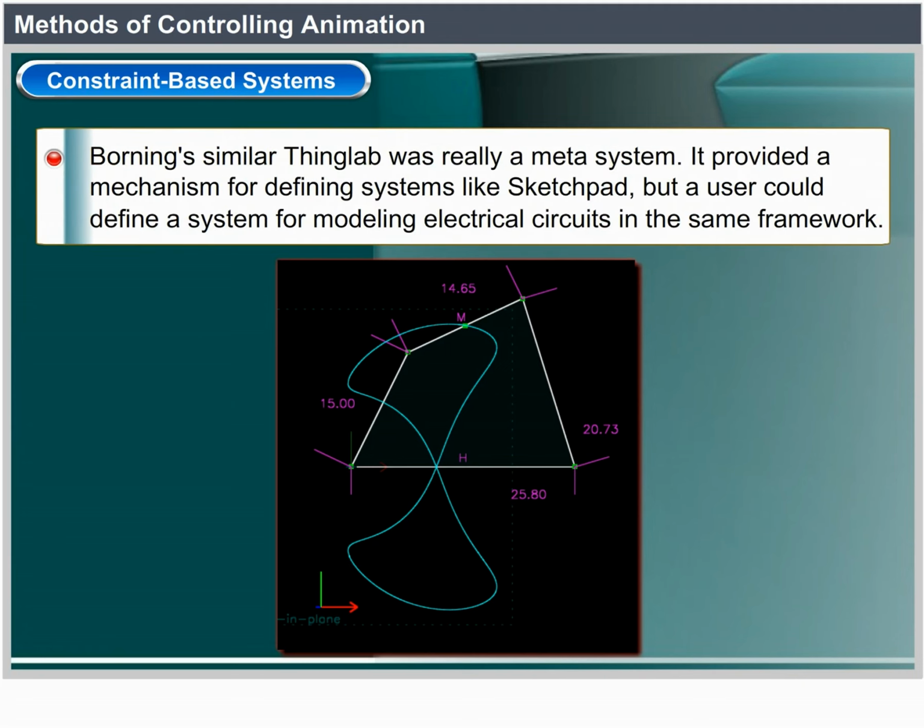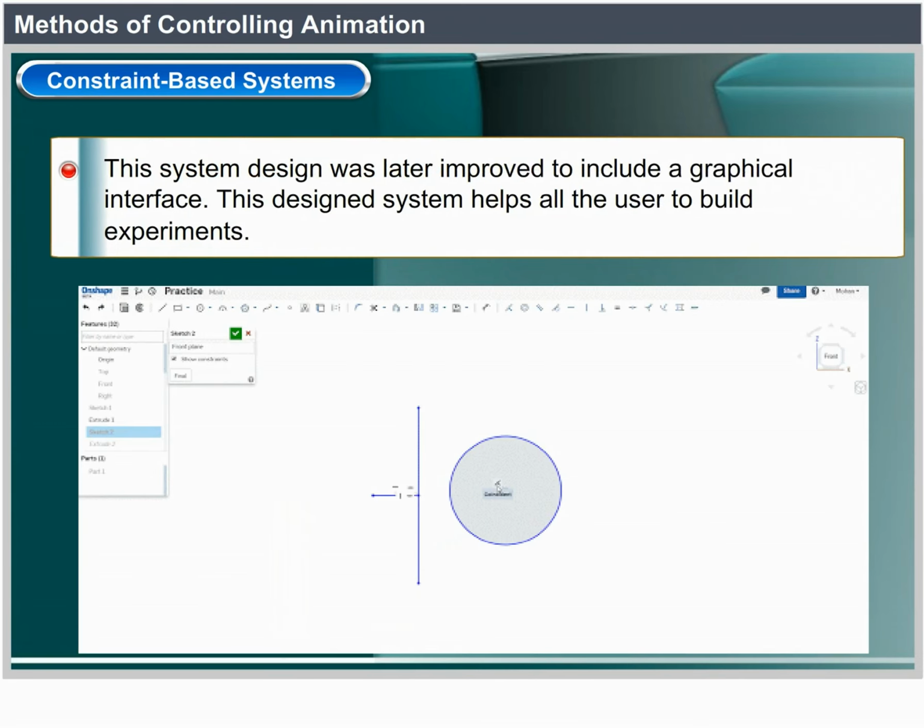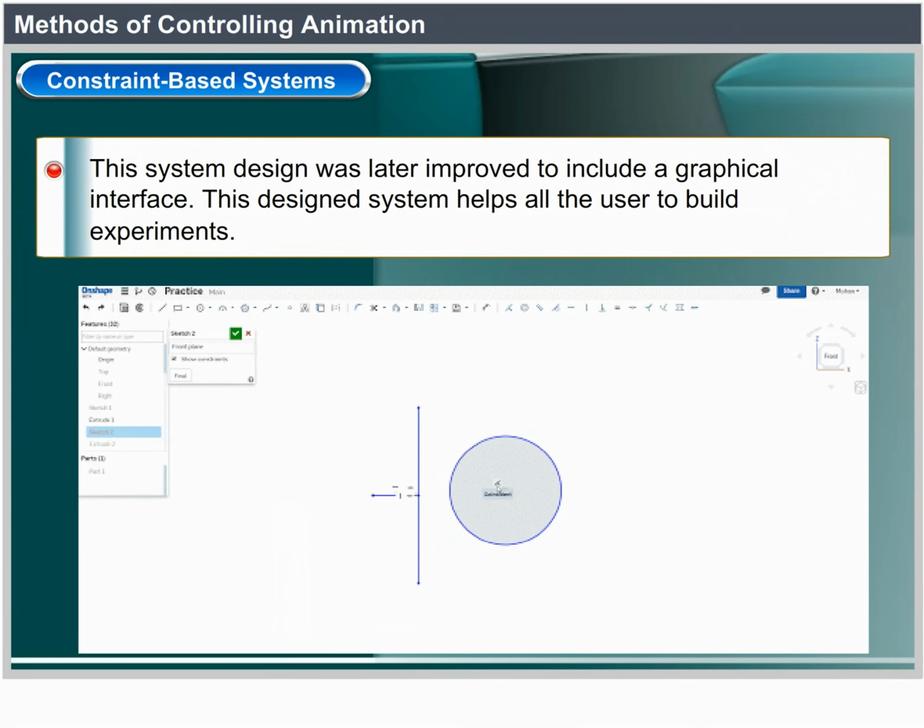Borning's Thinglab was really a meta system. It provided a mechanism for defining systems like Sketchpad, but a user could define a system for modeling electrical circuits in the same framework. This system design was later improved to include a graphical interface. A system, once designed, provided a world in which a user could build experiments.